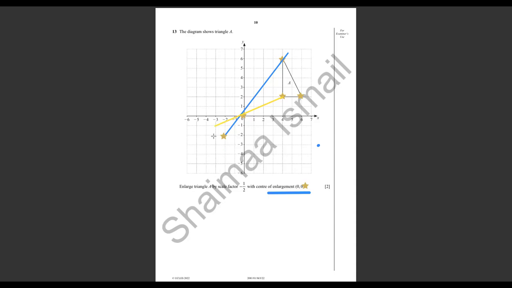I think this one is not joining to the origin. Make sure this is joining to the origin correctly. Okay, let's do this. Here is 4, then I'm gonna set up 4.